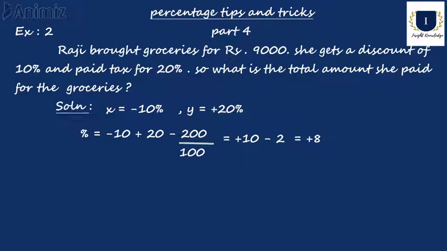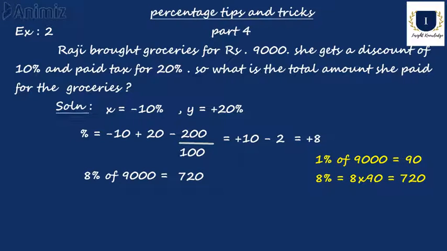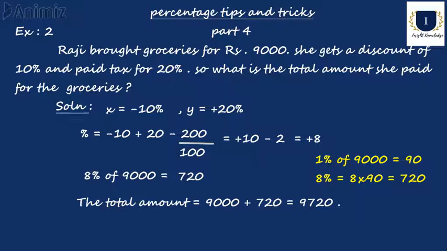She bought groceries for rupees 9,000, right? So she has to pay 8% of 9,000 extra along with the original amount. To find that out, you have to find what is 1%. 1% of 9,000 is 90, and for 8%, 8 into 90, which is 720. So the total amount she paid for the groceries is 9,000 plus 720, which is 9,720. You clear with this? Good.